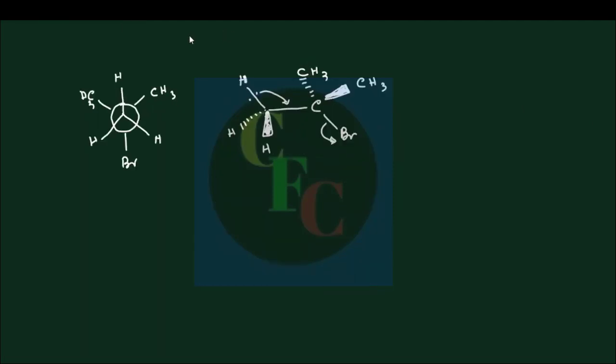The important thing to note in the case of the E2 mechanism is its stereochemistry. We have taken the anti-conformation of this tertiary butyl bromide. Now why is this taken in the anti-position?